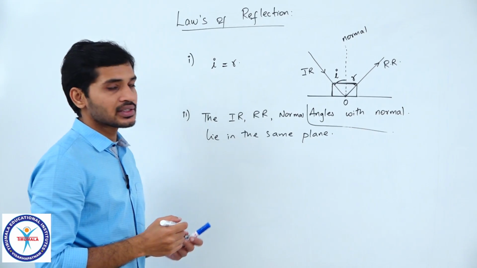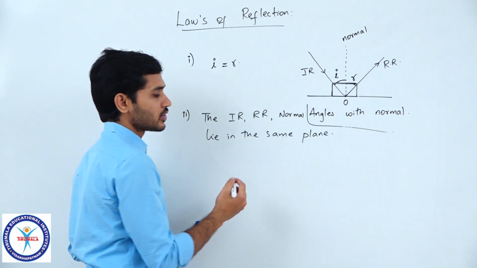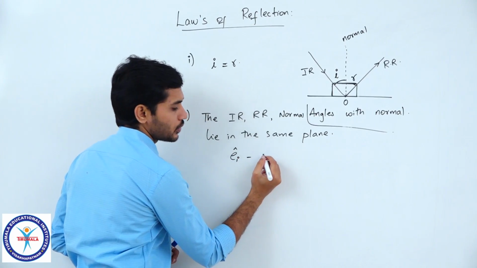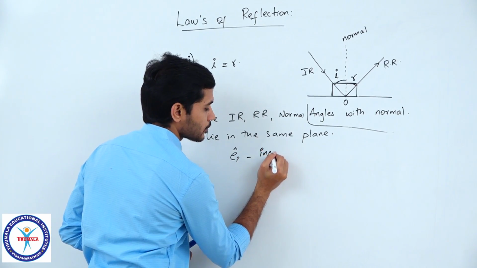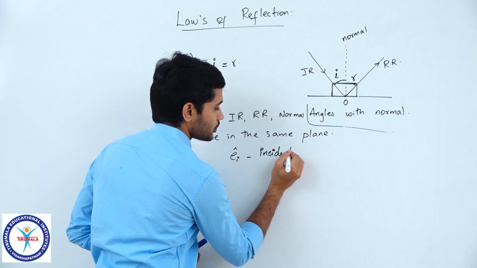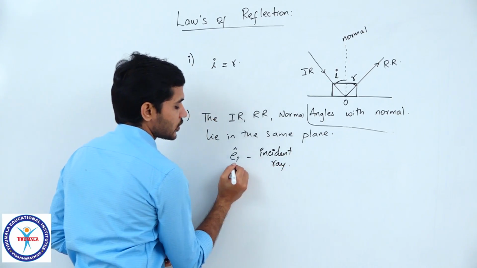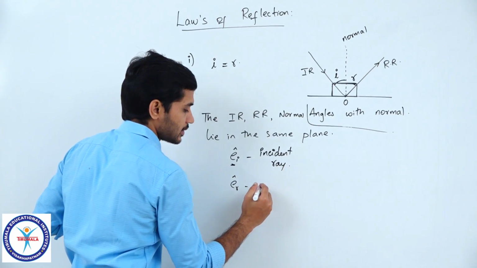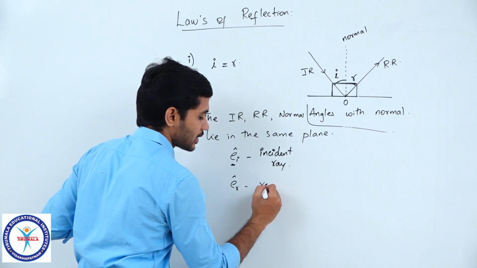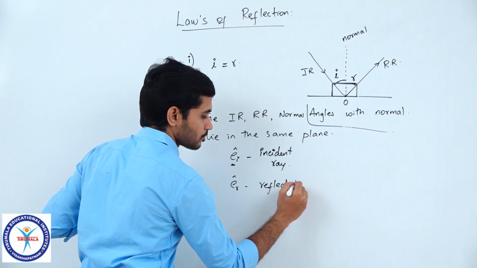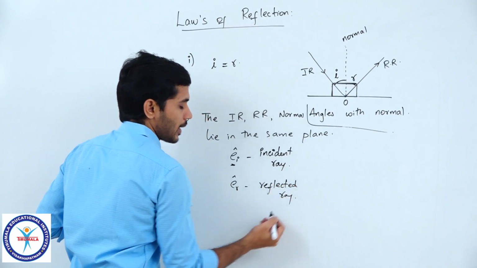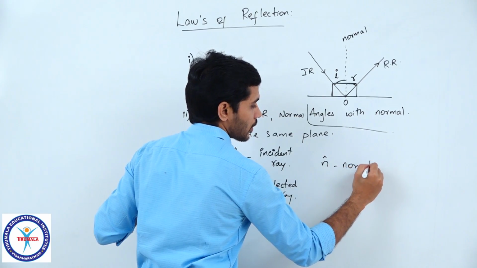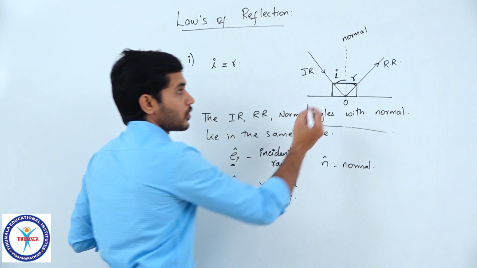To represent this mathematically, I will be using this. If I consider EI cap as the unit vector along the incident ray, and if I use ER cap as the unit vector along the reflected ray, and let us say N cap is along the normal. So, this is the normal direction.